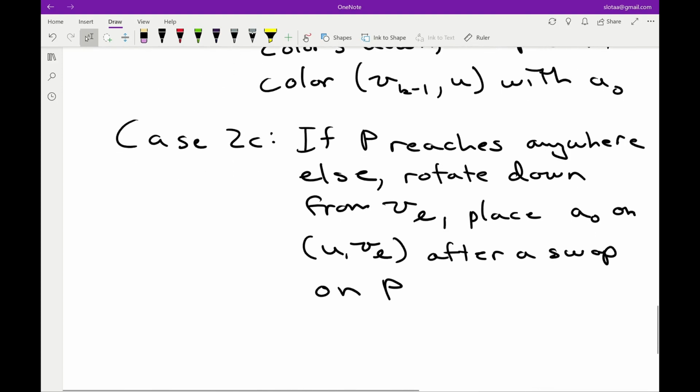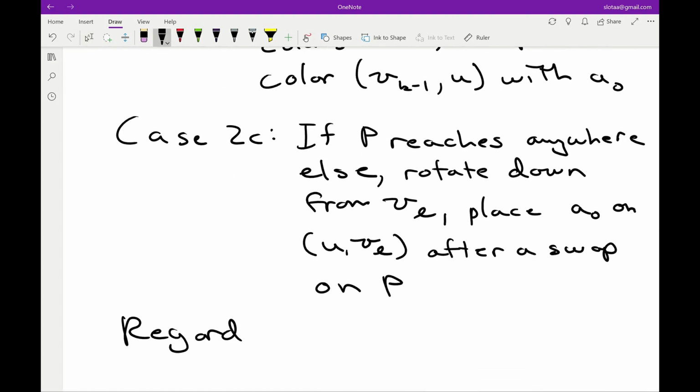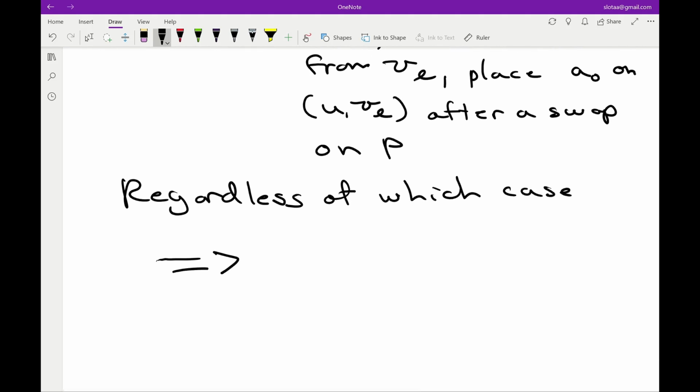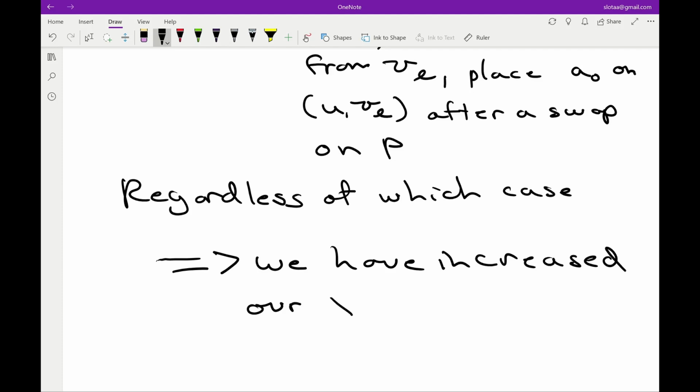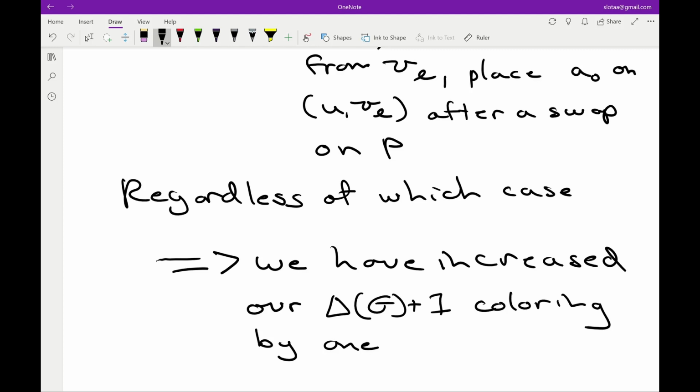So essentially, at the end of the day here, regardless of which case, we have increased our coloring, specifically our chi prime of G, or let's say our delta G plus 1 coloring, by 1 edge.